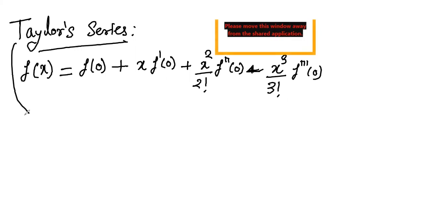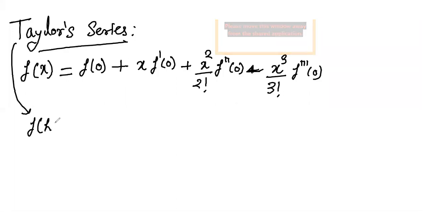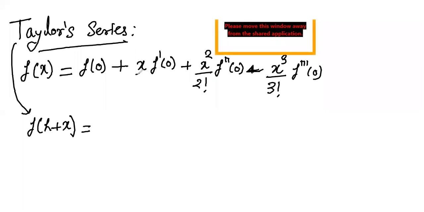Now in Taylor series, see, first I replaced x by h. And if I write x plus 0, I replace this by x. So now where we have written x, we have to place h, and where we have written 0, we will write x.